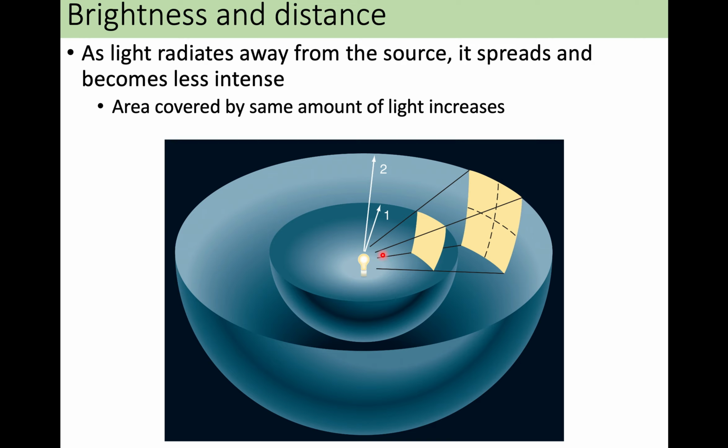So if we double the distance from 1 to 2, we'll see that the amount of area covered by this light actually increases by 4. So as you are further and further away from the light source, the brightness is going to decrease dramatically.